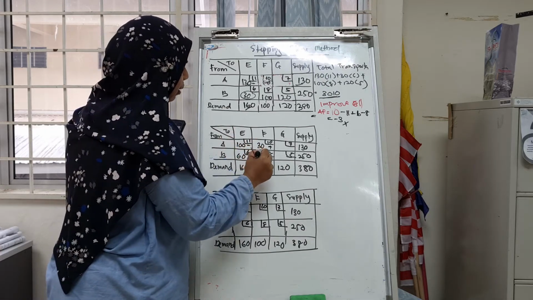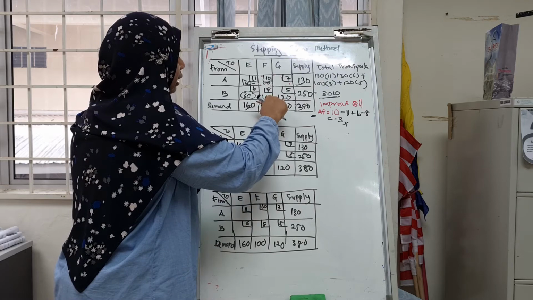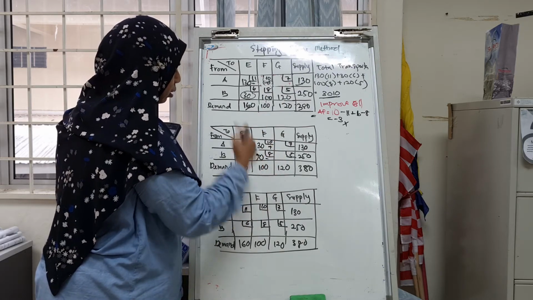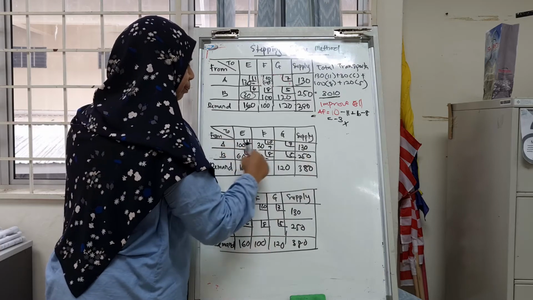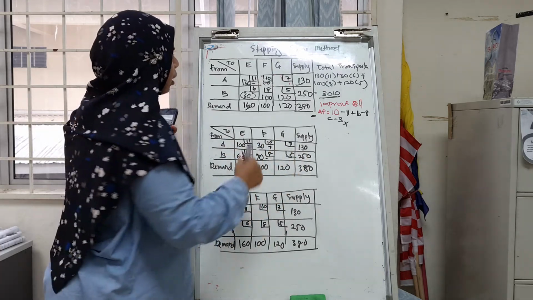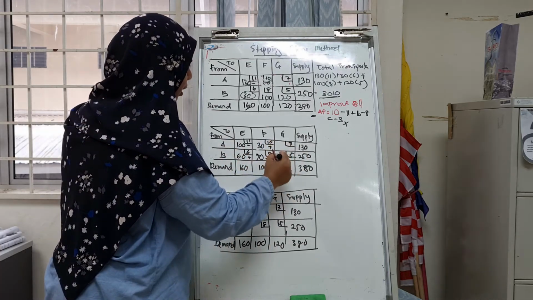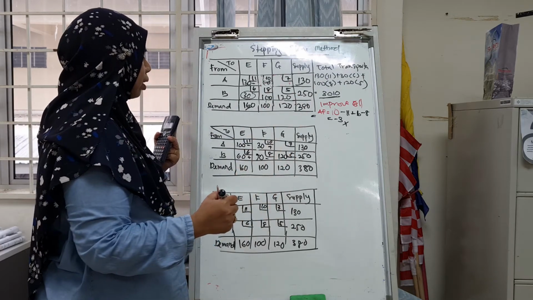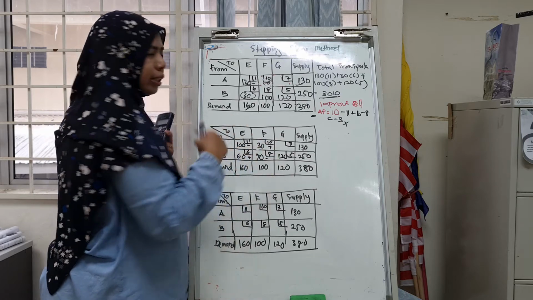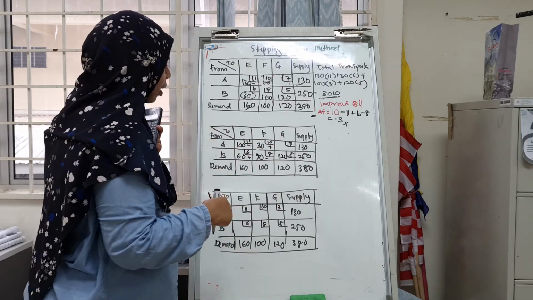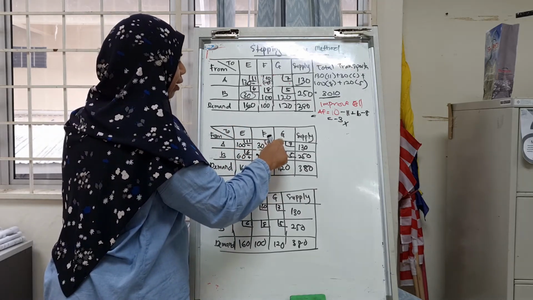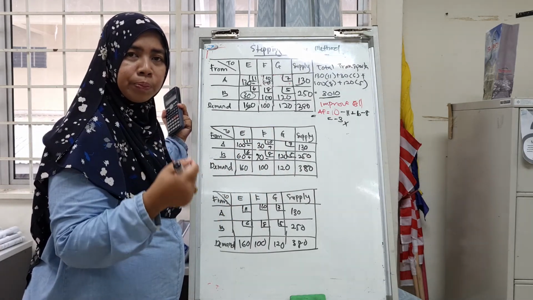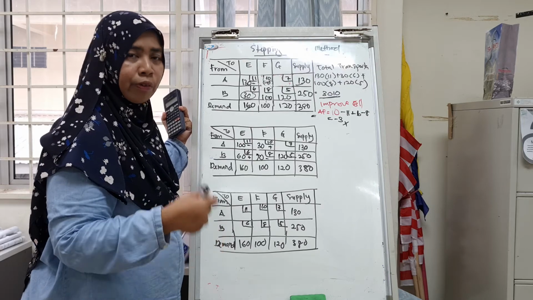And here minus, before this 100, so it will be 70. The amount is also the same. And this one is still 120. So this cell we have improved.